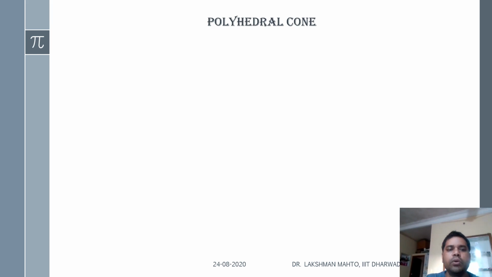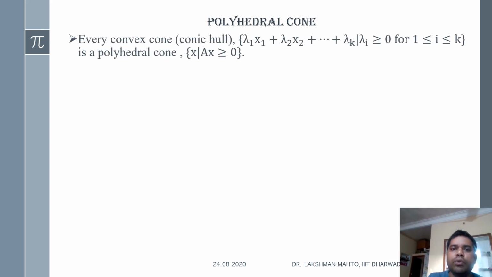But remember that whatever name we use, there is definitely a meaning. So if someone mentions one name, try to define things from that nomenclature perspective. Now I am coming to define the polyhedral cone. What is a polyhedral cone?